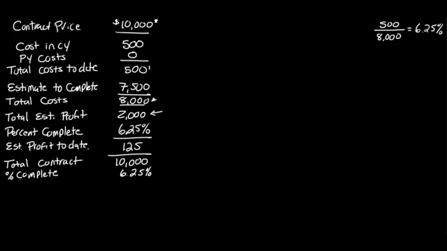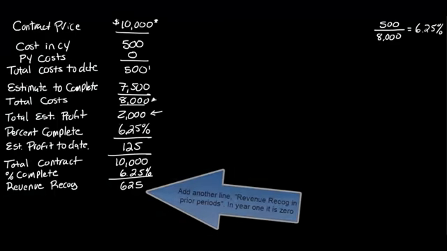So how much revenue should we recognize at the end of the current period? The way this method works is we look at the entire contract price and multiply it by the percent complete. So in this case, we're going to recognize revenue in that first year of $625.